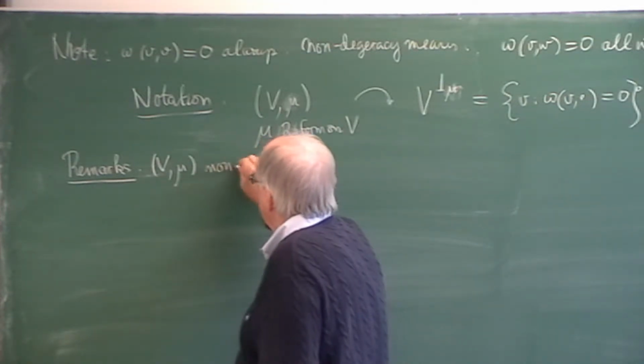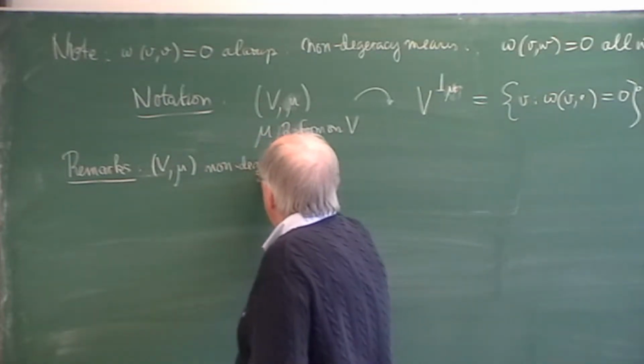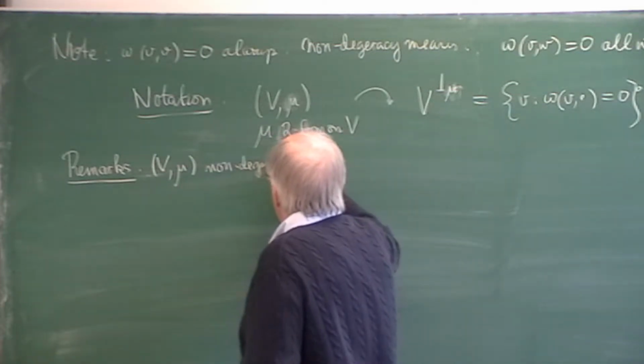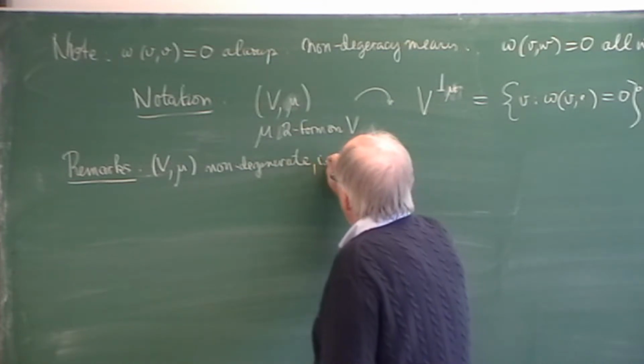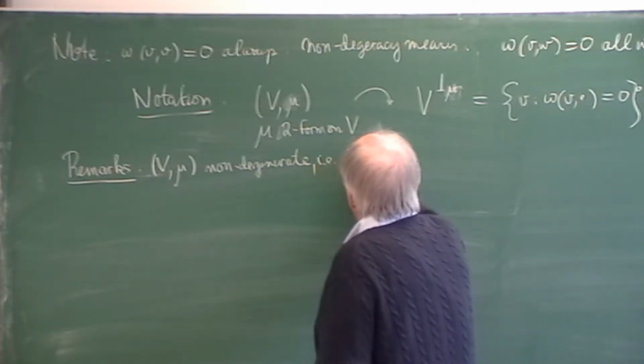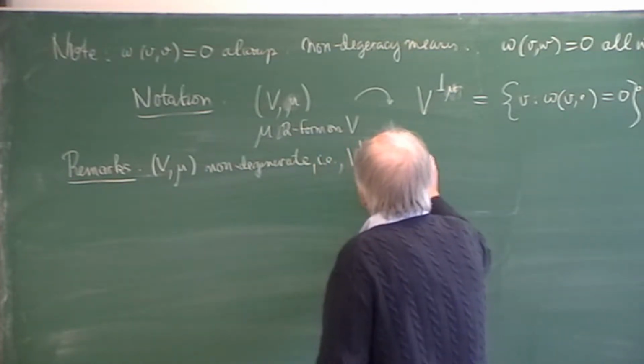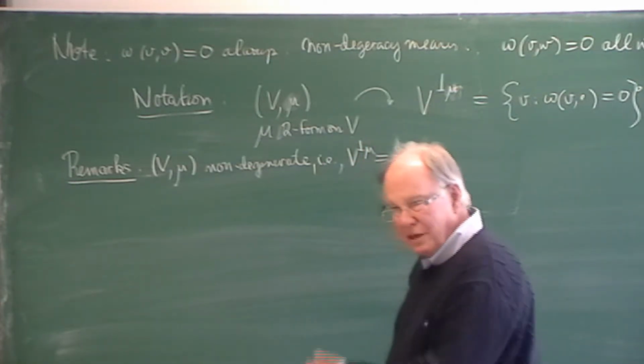Suppose mu is non-degenerate, that means there's nothing that's perpendicular to the whole space except 0.